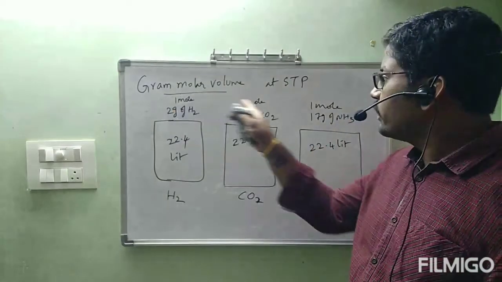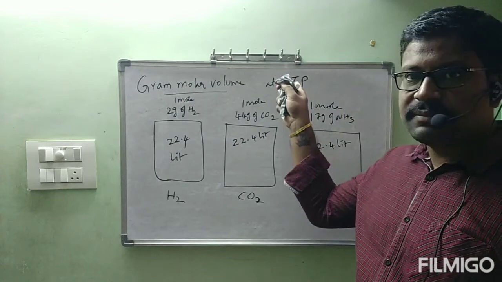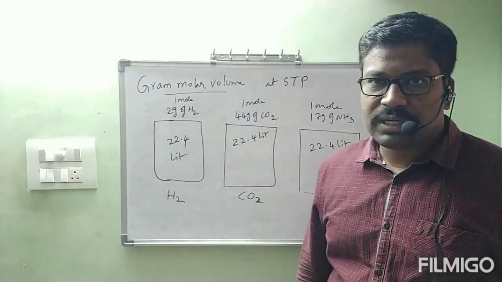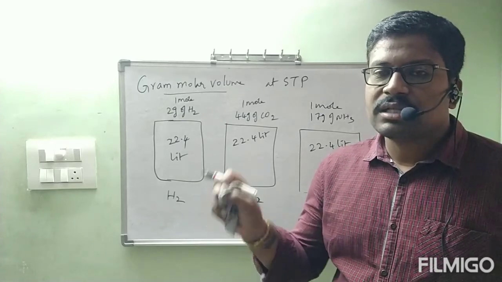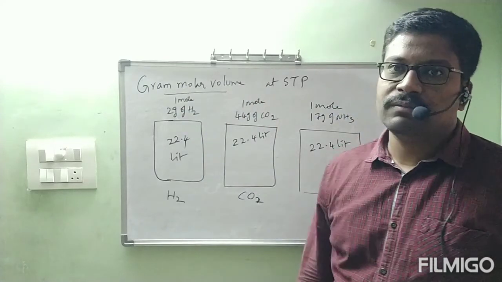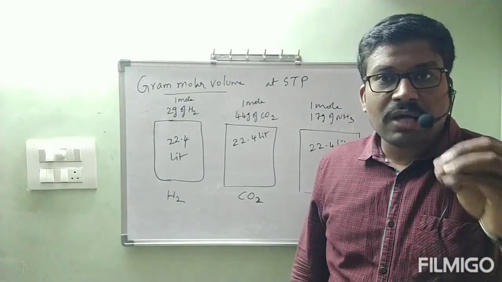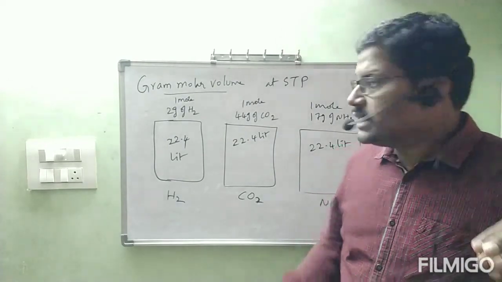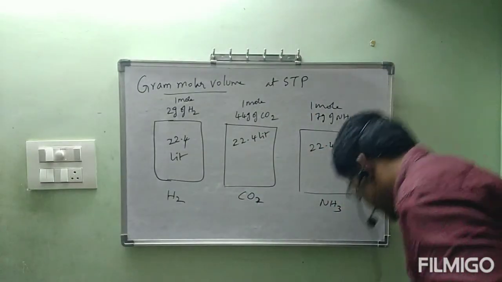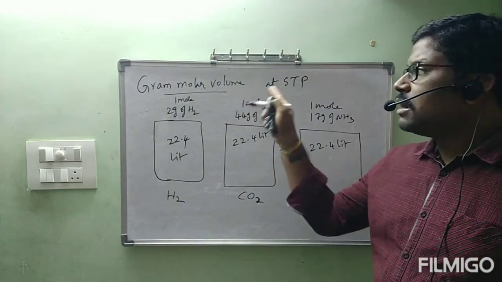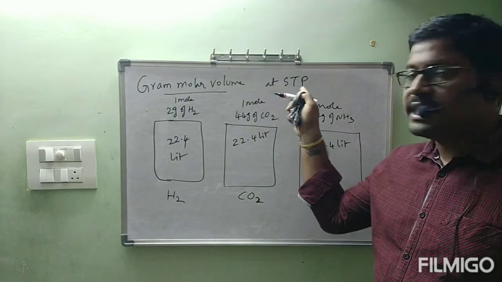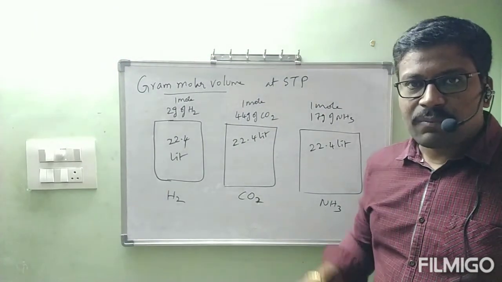So 1 mole of any gas at STP occupies 22.4 liters. The 22.4 liters occupied by the gas is called GMV, gram molar volume. Simply the definition is the volume occupied by 1 mole of any gas at STP.